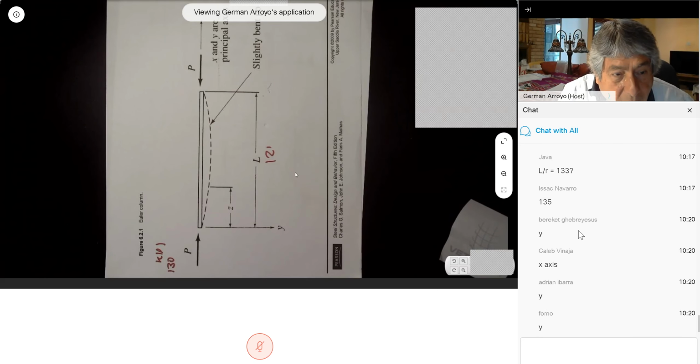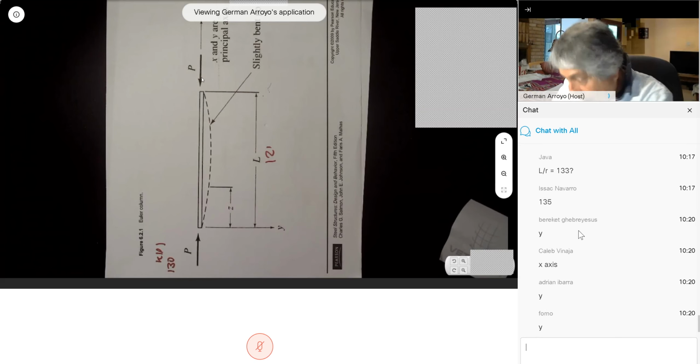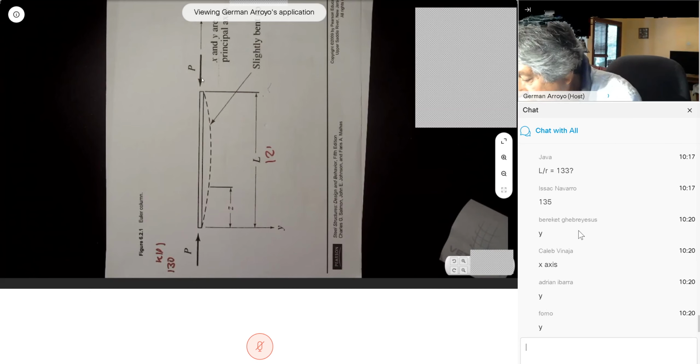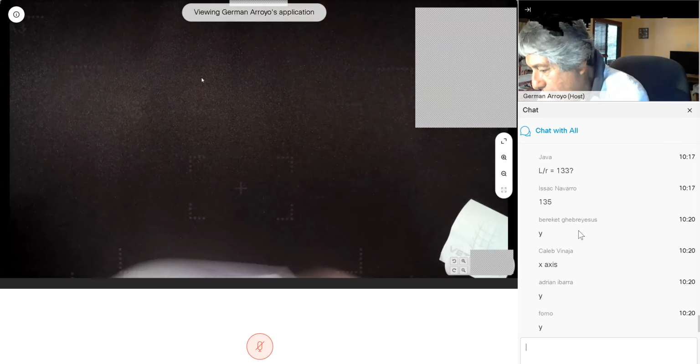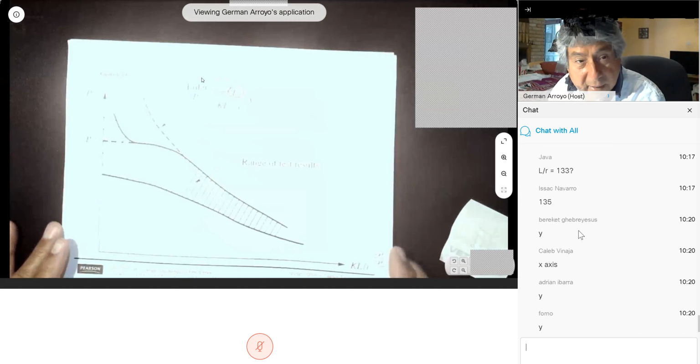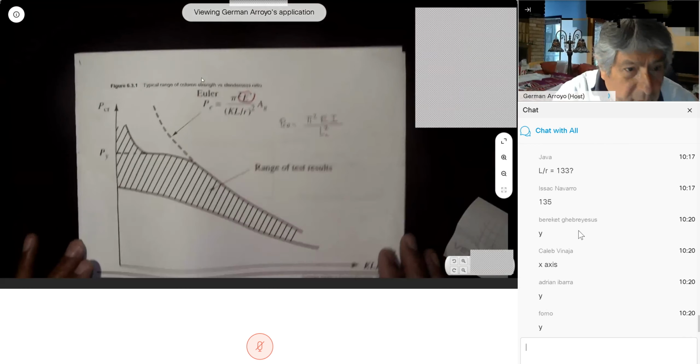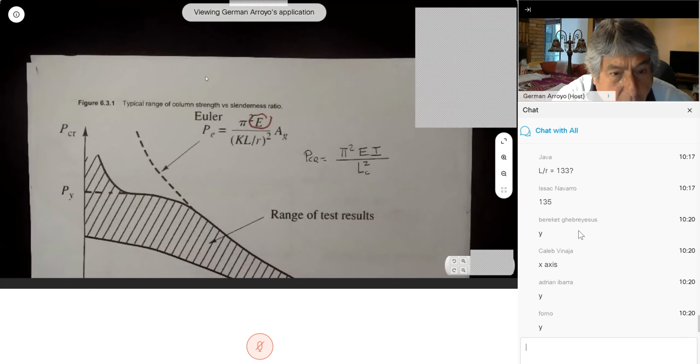So whenever we had a situation like this, in mechanics of solids, and I'm pretty sure that you already forgot it, this here on the top is the Euler formula. This is the critical load.